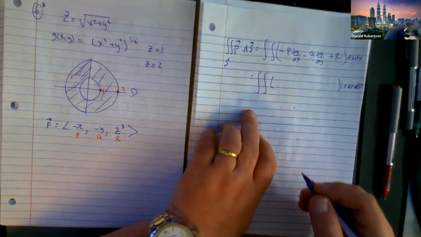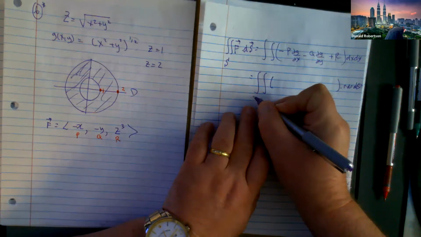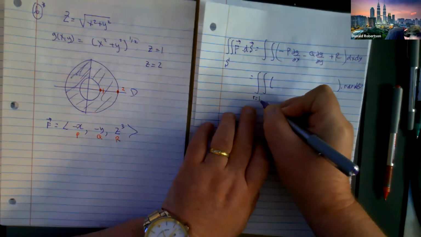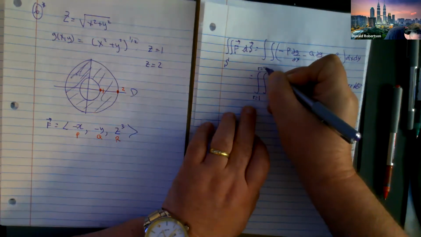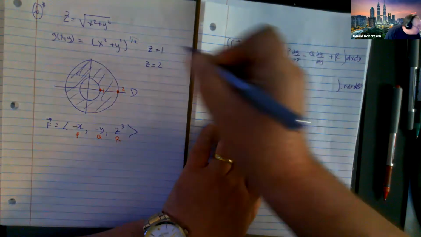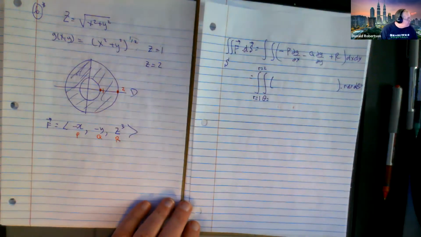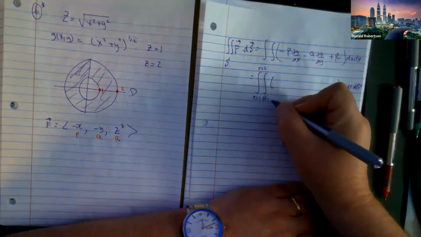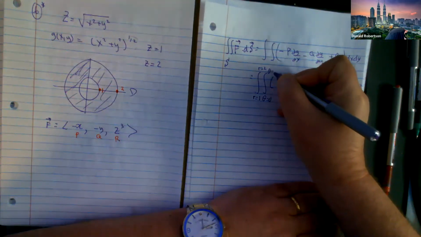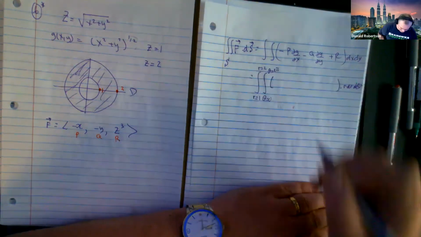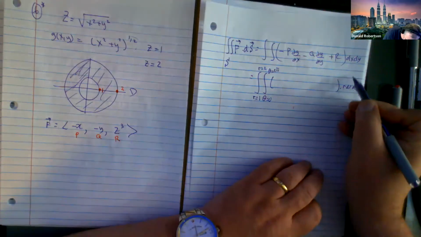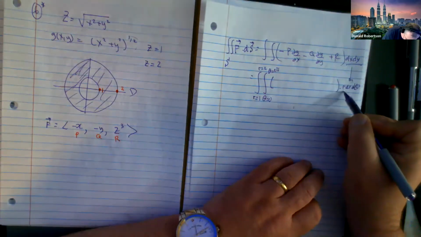So I am going to do r equals 1 to r equals 2. Is it a complete circle? Yes, complete circle, so theta from 0 to 2 pi. There's my r dr d theta, basically, that's that transferred.